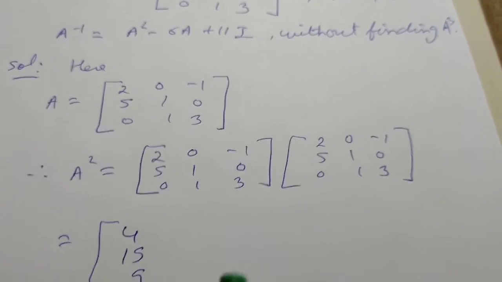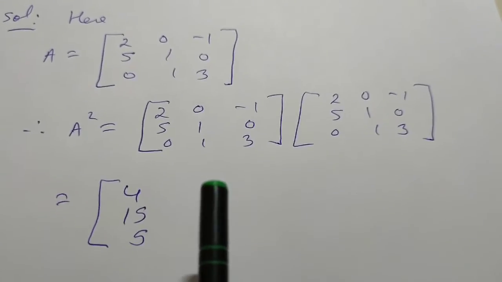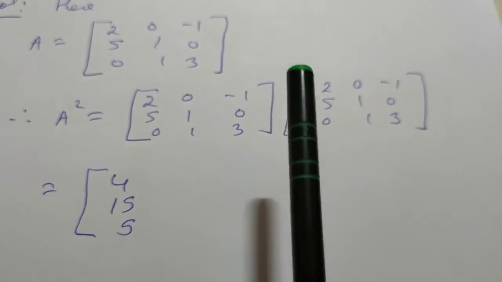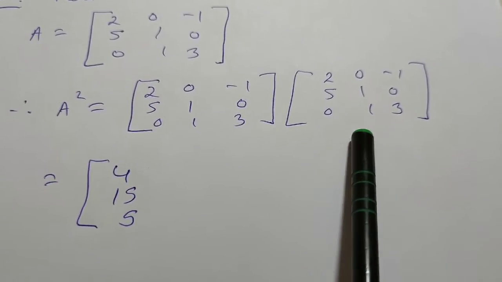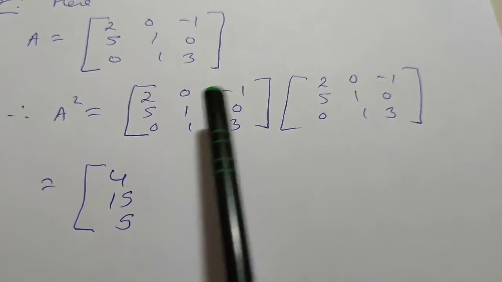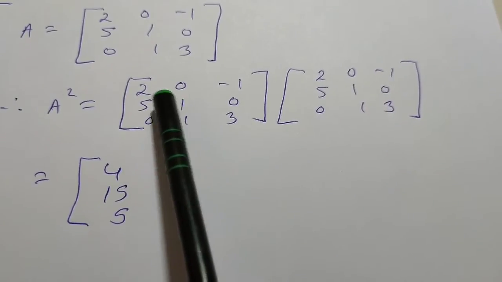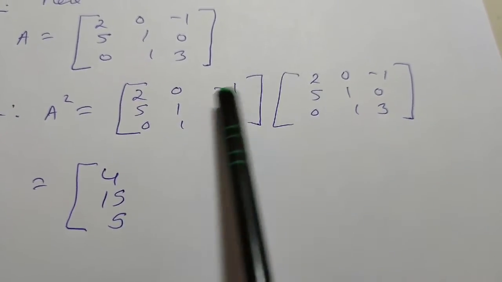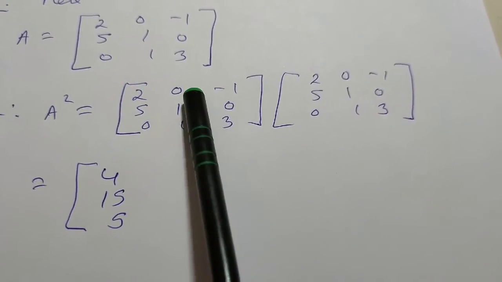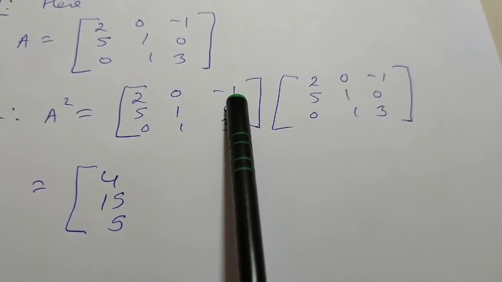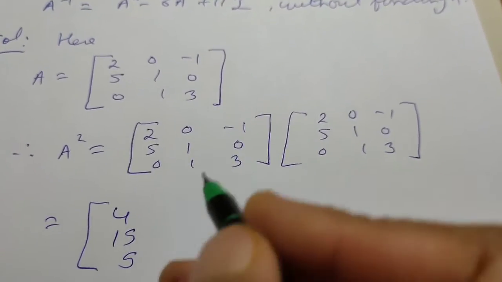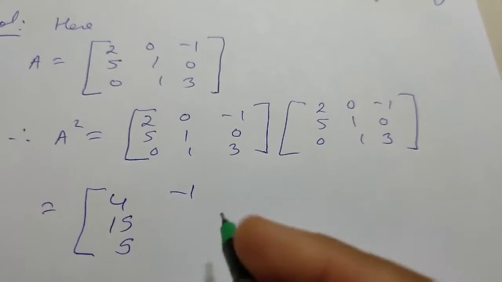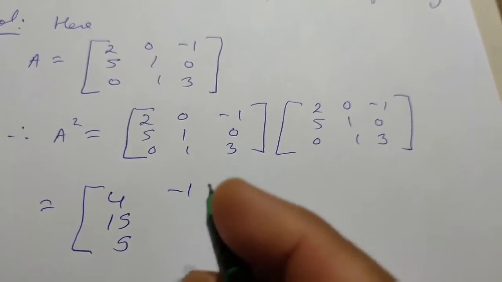Now we will find the entries of column 2. For column 2, we will multiply R1 with column 2. So 2 into 0 is 0, 0 into 1 is also 0, and minus 1 into 1 is minus 1. So on doing total, we will get minus 1. Now let us find the second entry of column 2.